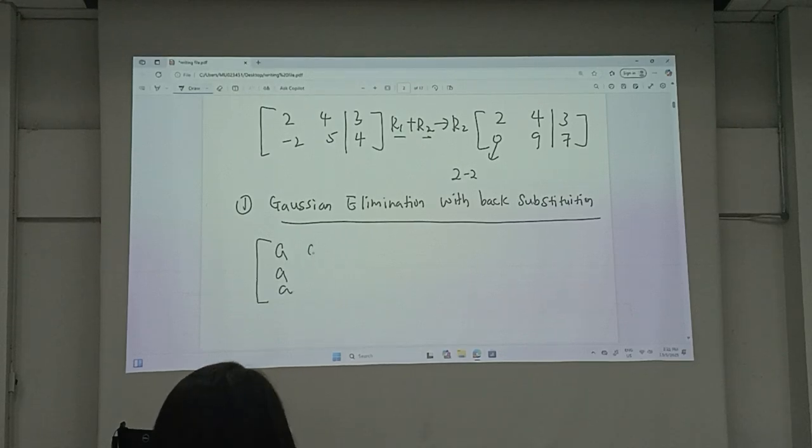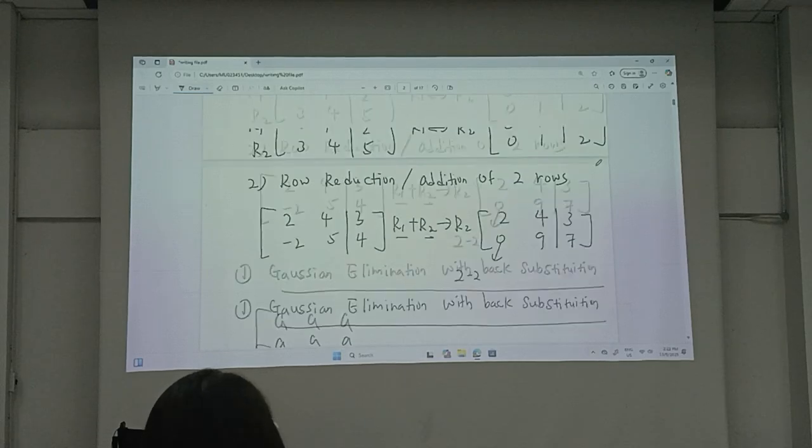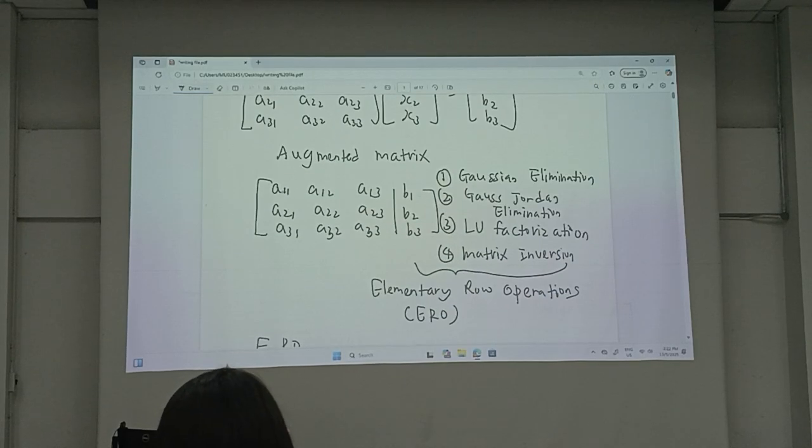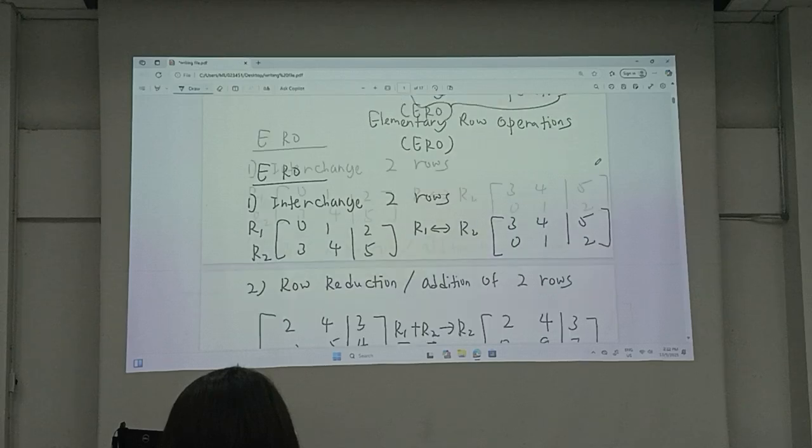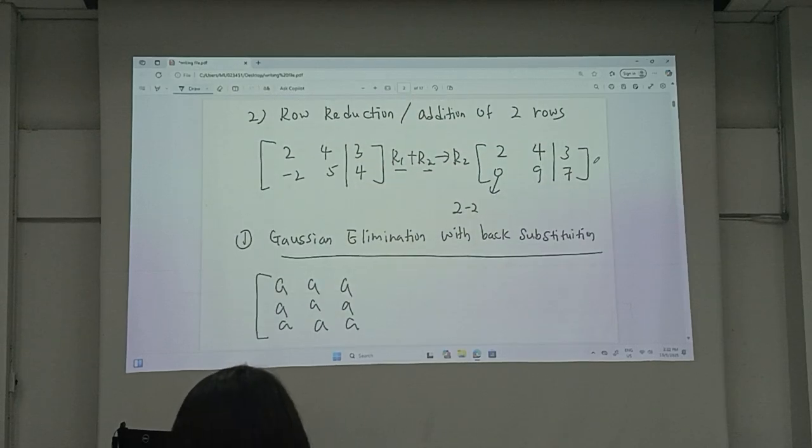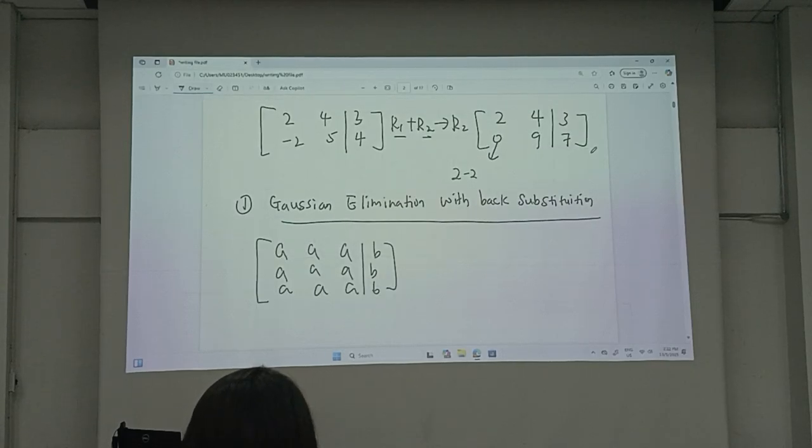This A to be simpler. This index I never put in first. The index is based on here, 1, 1, 1, 2, and so on. To be easier, you can ignore it first. So here will be B, right? So this is an augmented matrix.